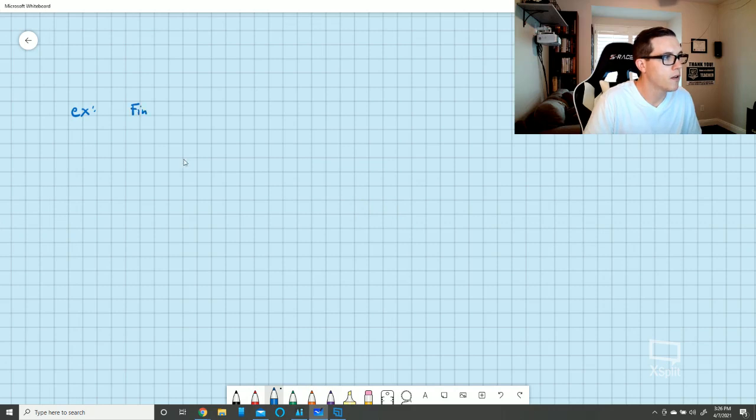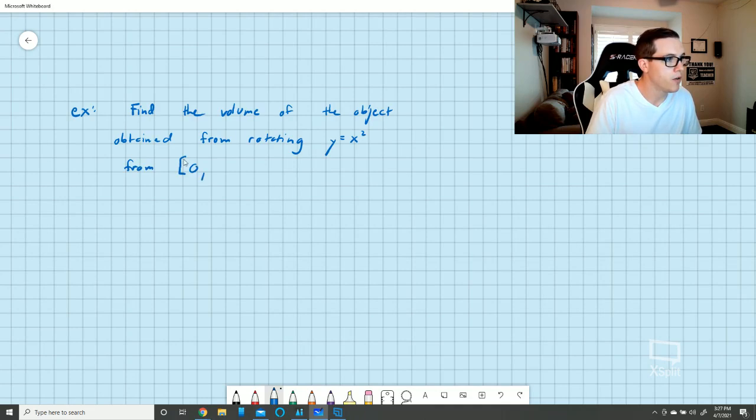Find the volume of the object obtained from rotating y equals x squared from 0 to 4 about the x-axis.